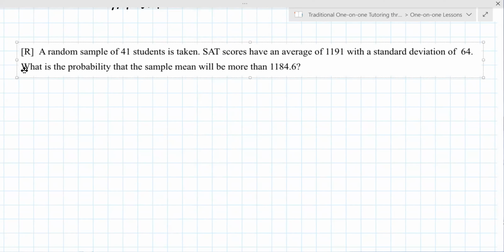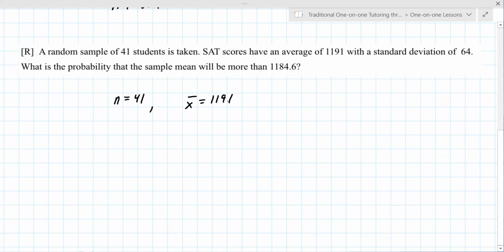Okay. So this one is a random sample, n equals 41, and they have an X bar of 1191 and a standard deviation of 64. What's the probability that mu is greater than 1184.6?